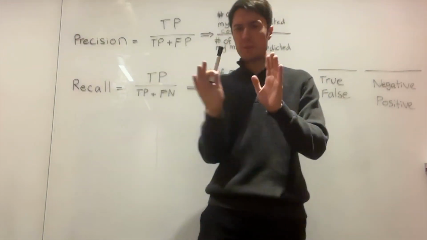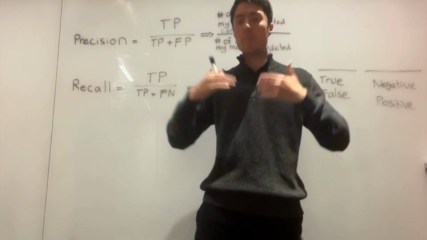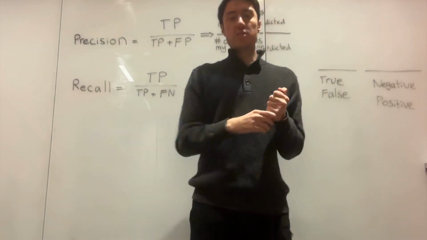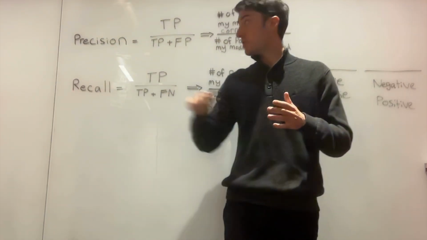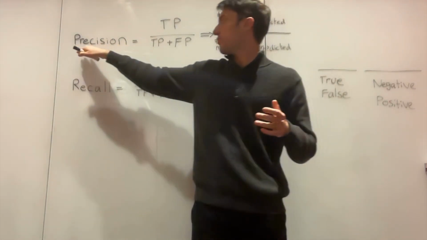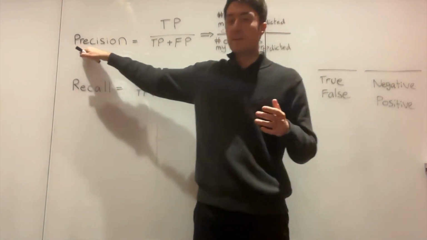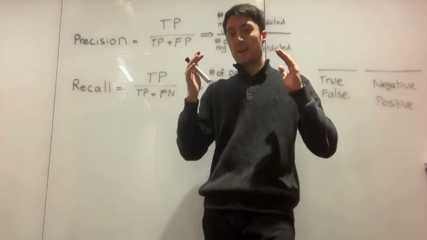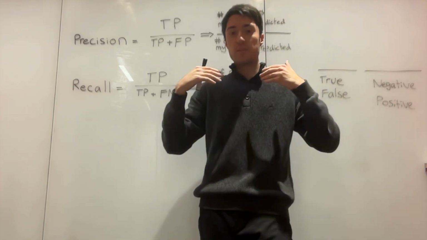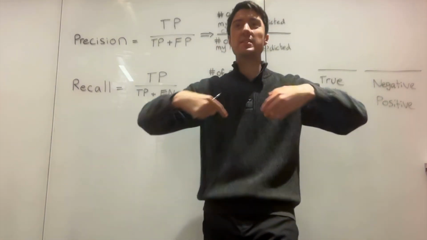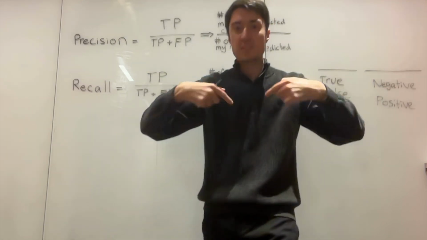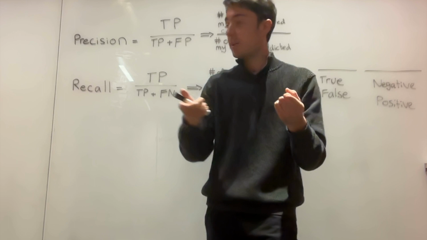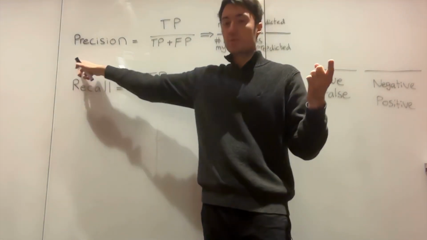Okay, let me just say it again, because repetition sometimes gets in people's head, right? Precision is going to be your boy who cried wolf detector, right? If you're worried that you don't want your algorithm to constantly be saying yes, yes, yes, predicting positive, positive, positive, this is going to be precision.